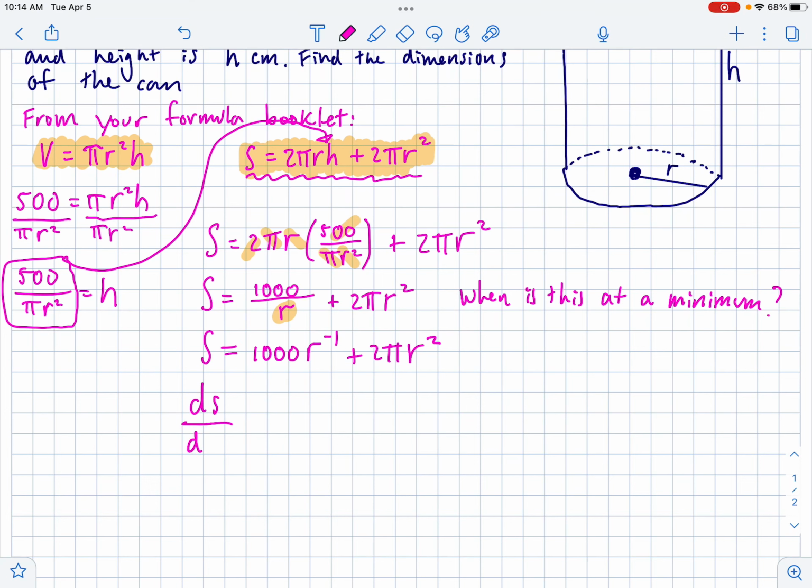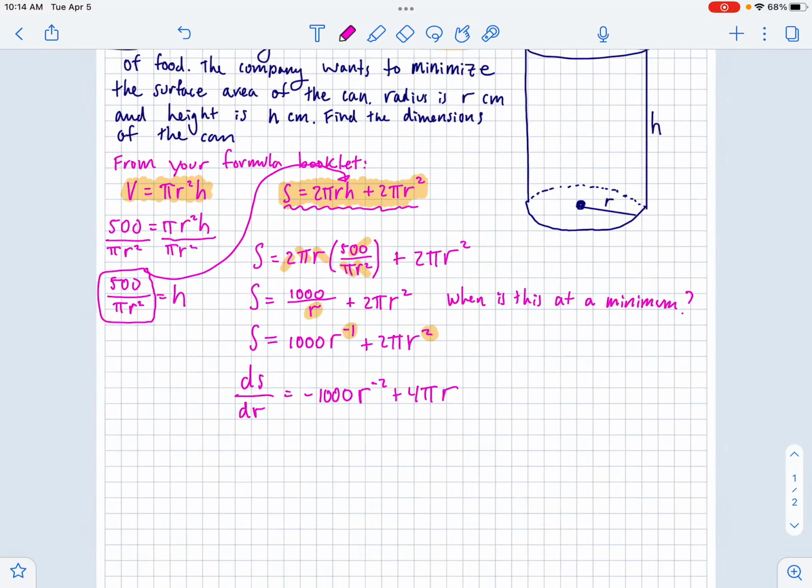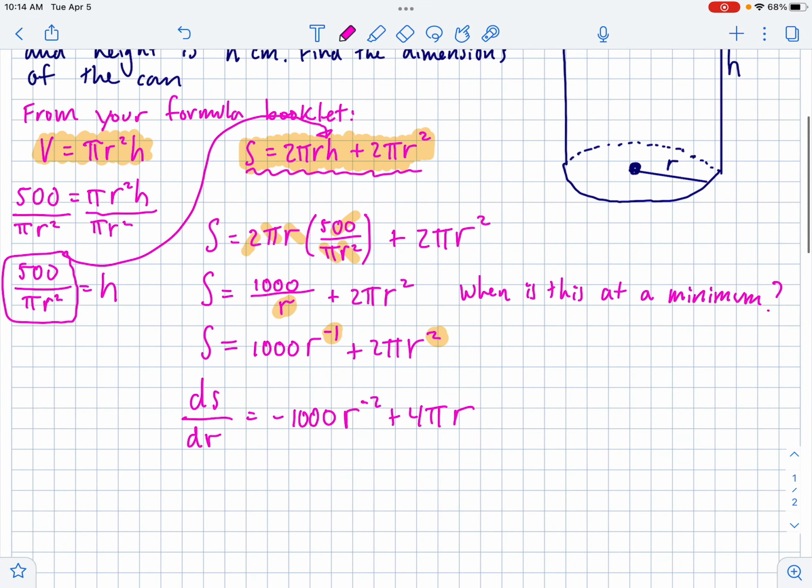And then, if we take the derivative of this, so ds dr is equal to, bring the negative 1 out in front, so this is negative 1,000, but then you have to drop the r down by 1, so that becomes r to the negative 2. Here, the power on the r comes out in front, so this will be plus 4 pi, and then drop the r down by 1, so that's just r to the 1 power.